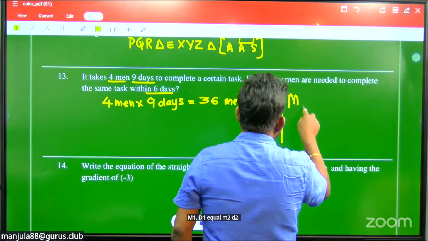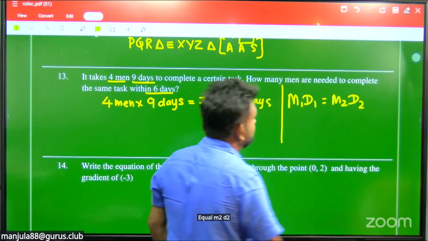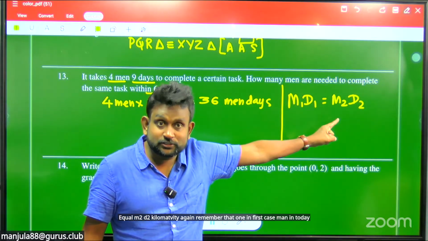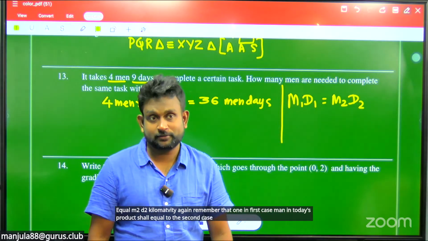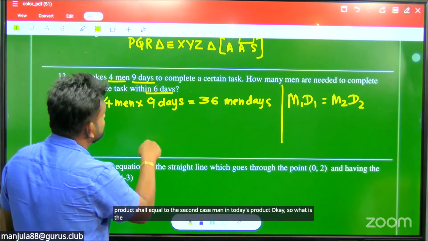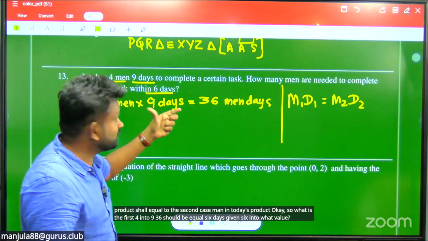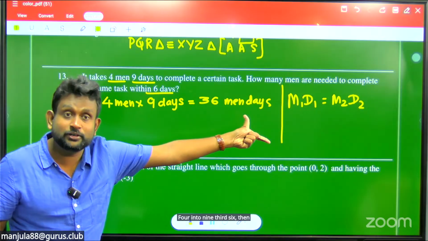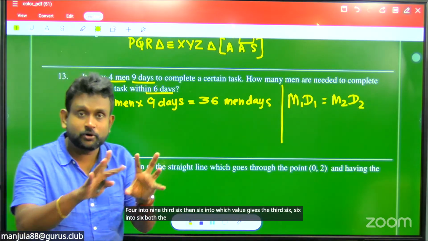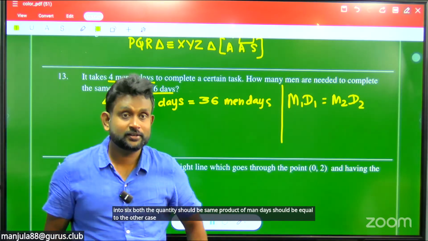In the first case, the product of men and days shall equal the product of men and days in the second case. So what is the first? 4 into 9, 36 should be equal. 6 days given, 6 into what value gives 36? 6 into 6. Both quantities should be the same. The product of man-days should equal the product in the other case.